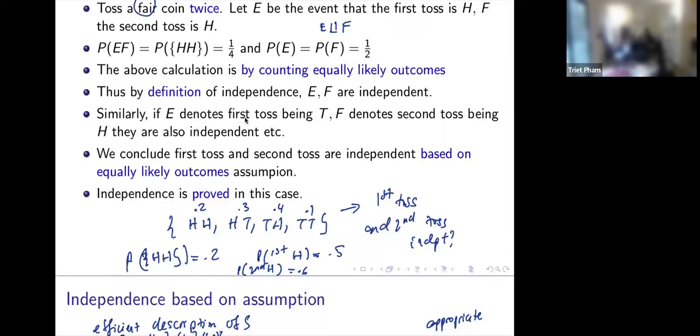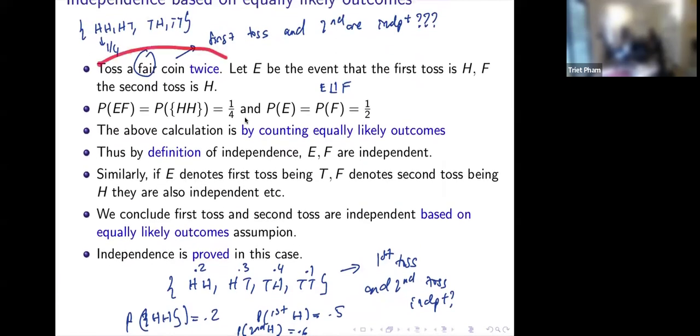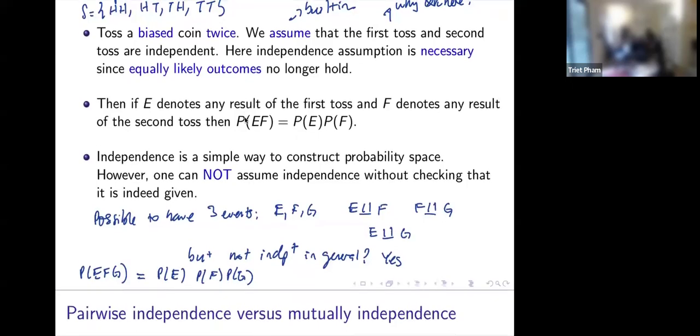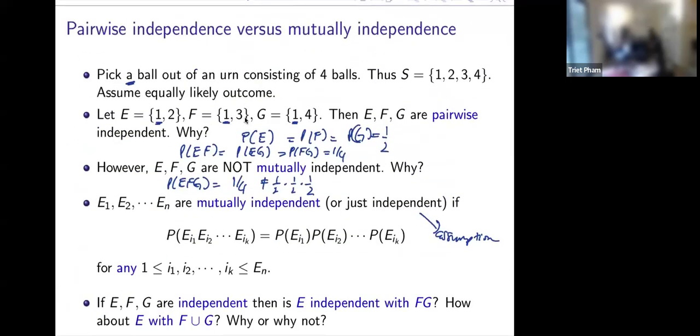At least you should check in a problem to see if the independence that you want to use is given or not. If it's not given, then either you show it, or you check that it's not true. But you cannot basically assume independence without checking, because independence has many subtle points.